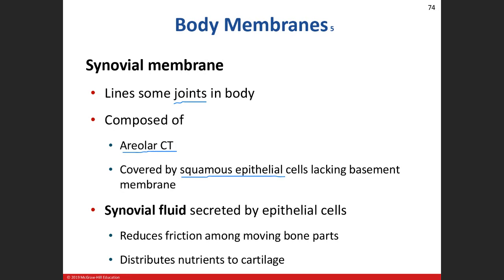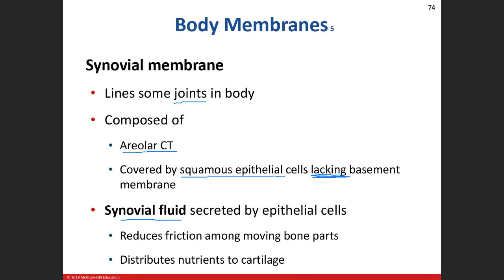I know we've always talked about how underneath epithelium is the basement membrane, but in synovial membranes, the epithelium does not have a basement membrane. So there are always exceptions to the rule, and I'll try to point those out to you as we move through the course. But what's important about the synovial membrane is that it produces synovial fluid.